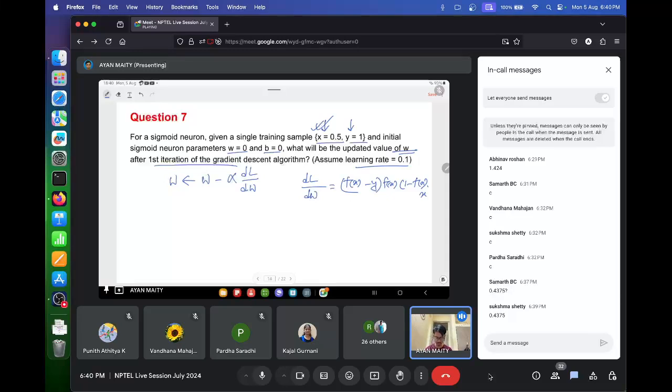So there are 4 terms, and now we have to compute each of these individual terms.